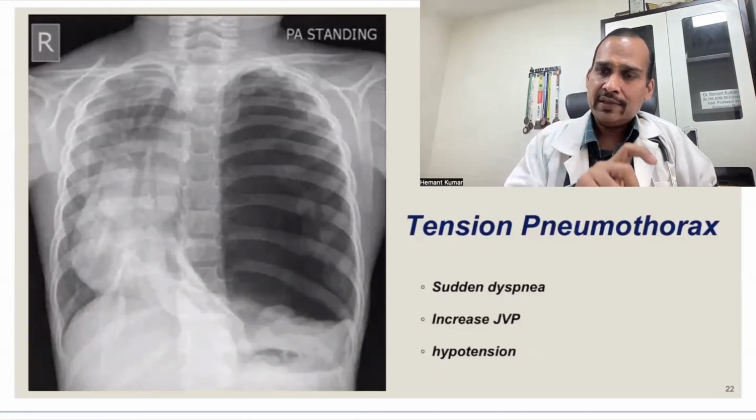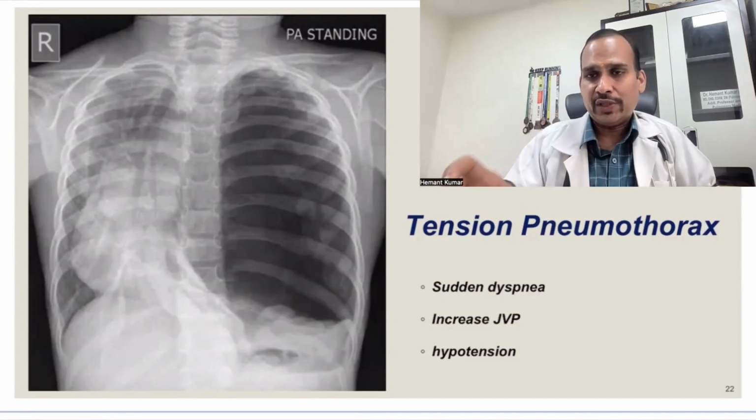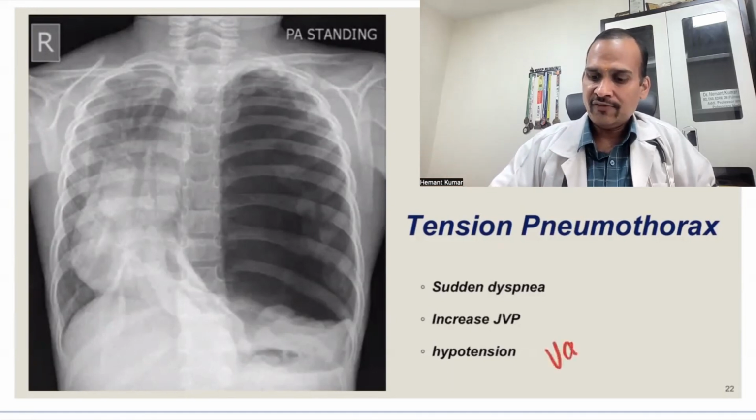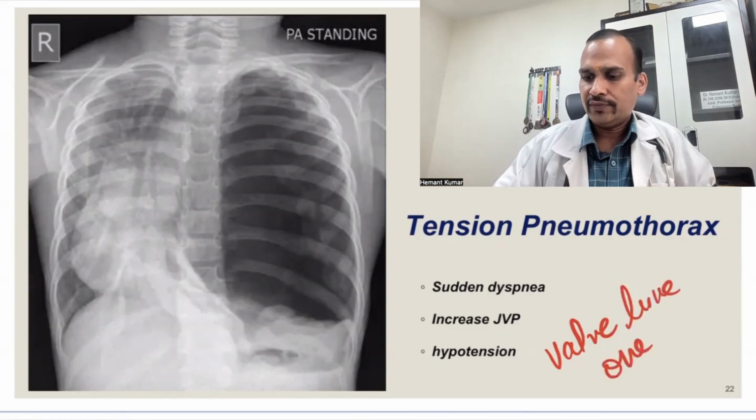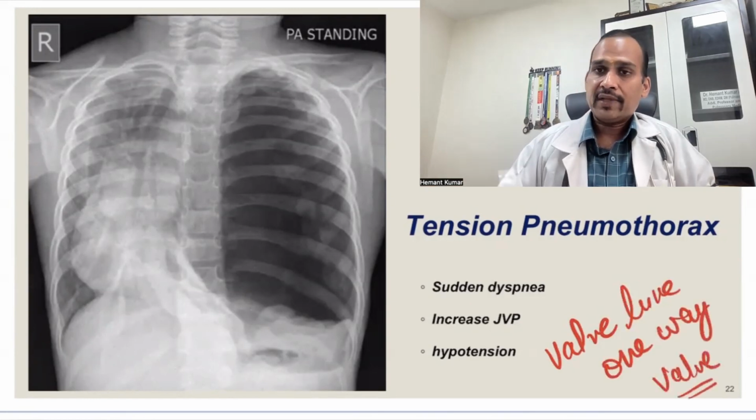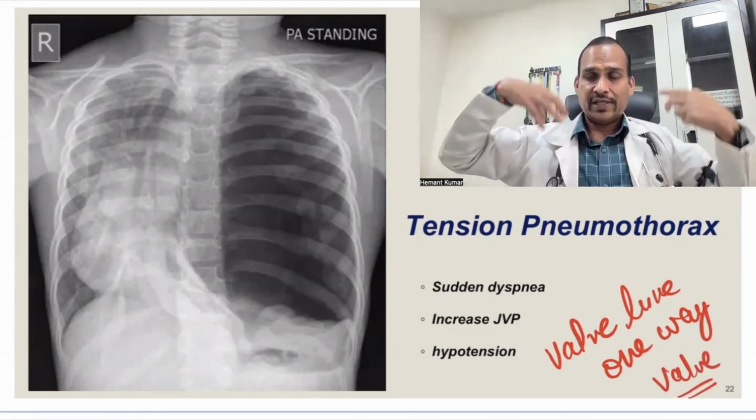Okay, so it will give pneumothorax. But if there is a one-way communication or valve-like communication, a one-way valve, so what will happen during inspiration?